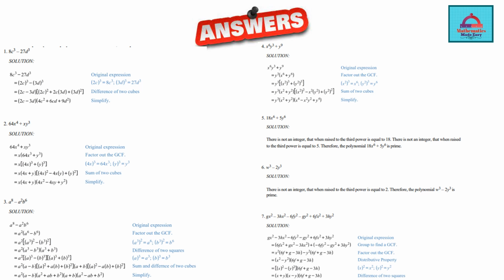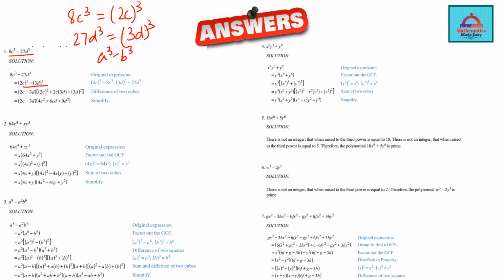8c cube minus 27d cube. Now these are perfect cubes, 8 and 27. So you can write 8c cube as 2c whole cube and 27d cube as 3d whole cube. That means you can write it in this manner. Now, a cube minus b cube can be used here.